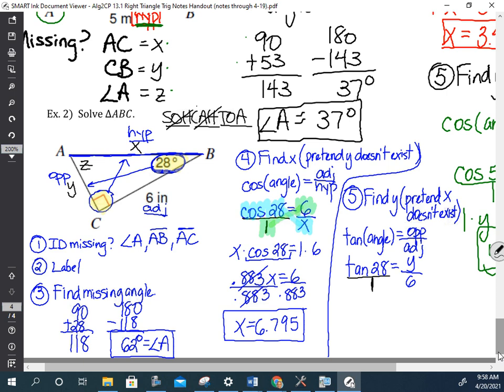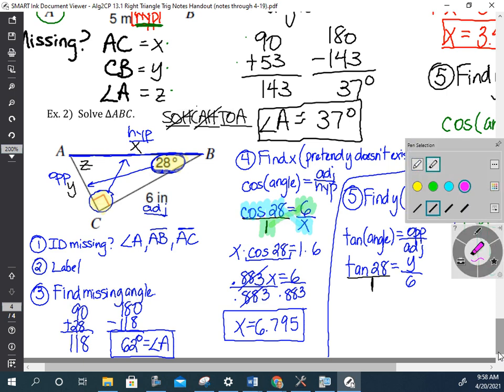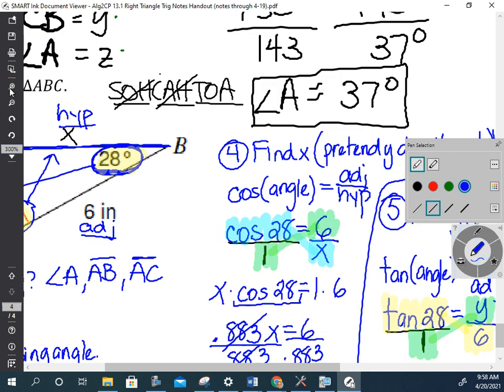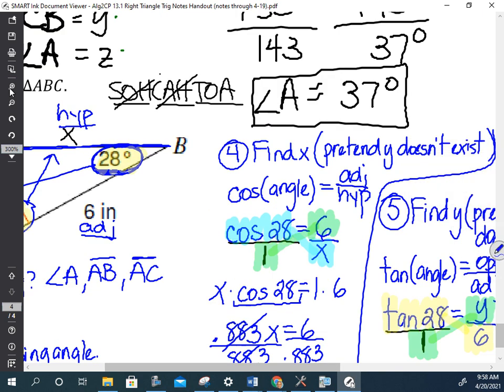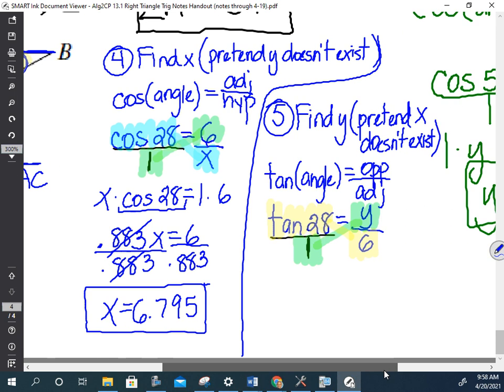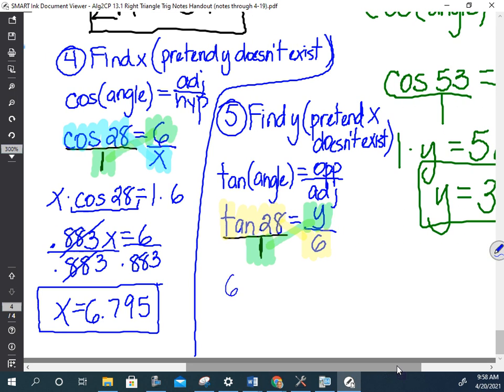Now we cross multiply. So if we cross multiply, tangent 28 times 6, y times 1. That's 6 times tangent 28 equals 1 times y.